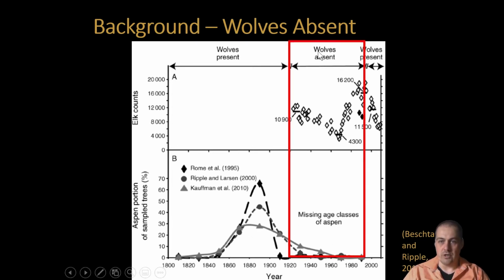Wolves are absent in this area. If you look at the elk population, it's obviously present. At a certain point, it reaches over 16,000 elk, so definitely evident. And when you look down at the aspen, at these lines down here, it's actually fairly low.